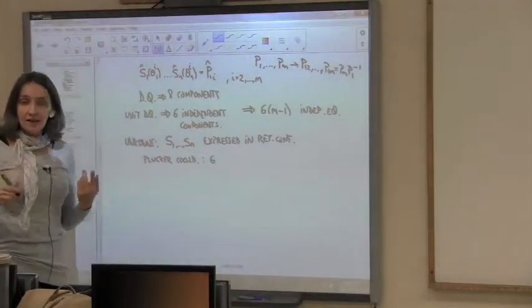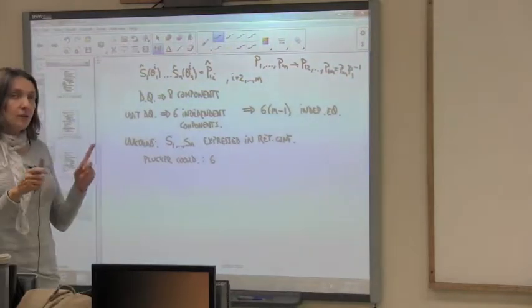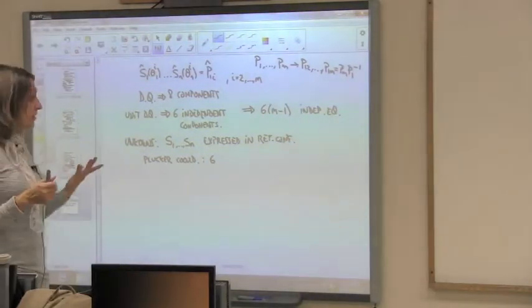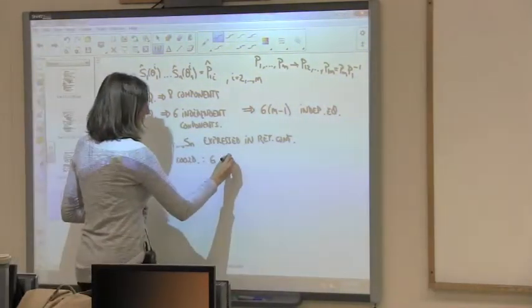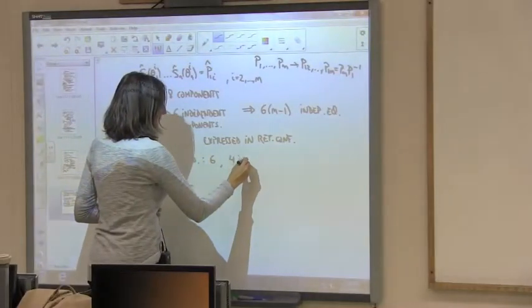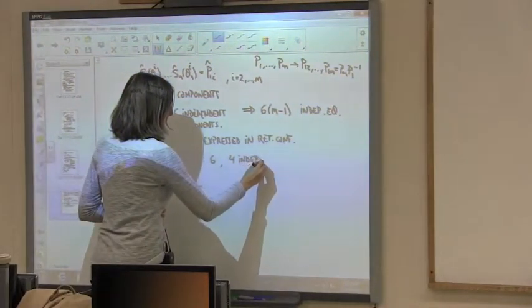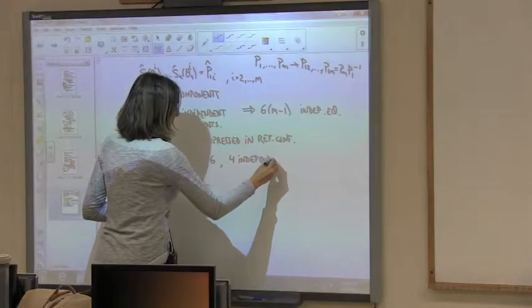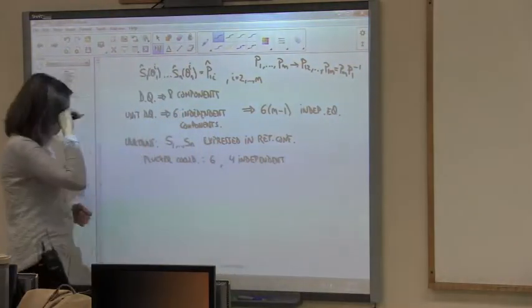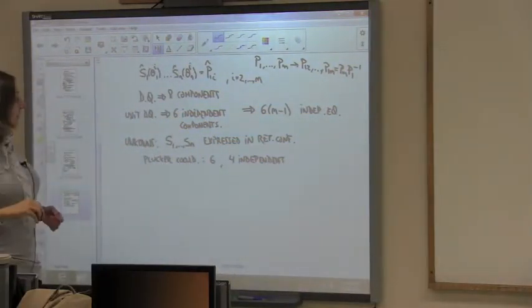But if it's a line, then the direction has to be unit, and the moment times the direction has to be 0. So there are actually 4 independent for each line.